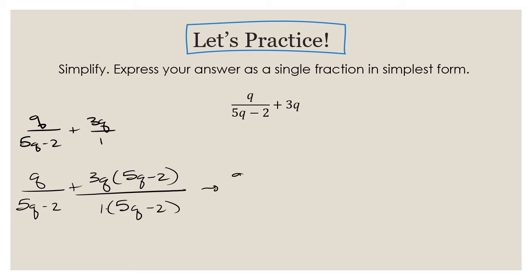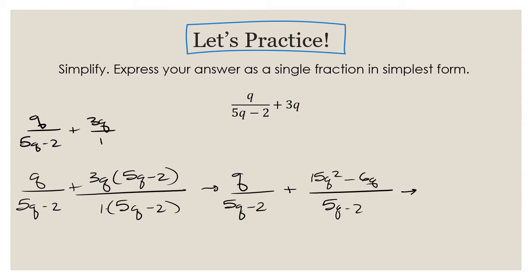That's going to give me q over 5q minus 2 plus, this bottom will stay as 5q minus 2. The top, I need to distribute this 3q into both terms. It becomes 15q squared minus 6q, all over 5q minus 2.